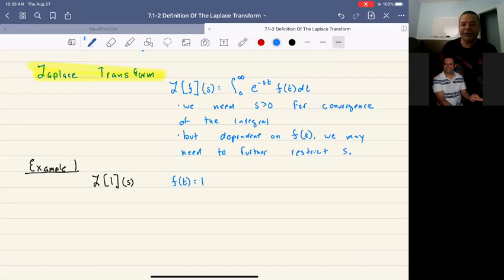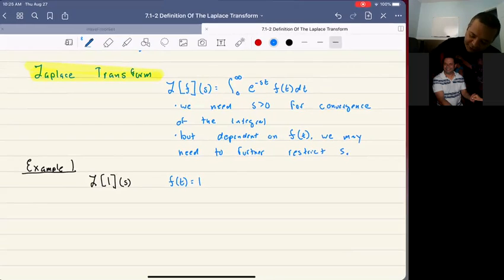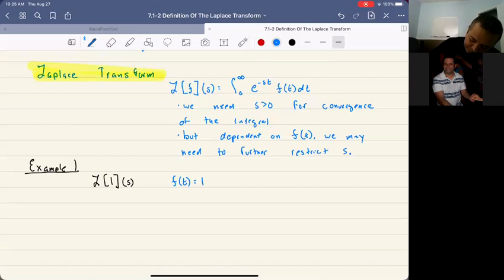So we're going to have the integral from 0 to infinity of e to the negative st dt.